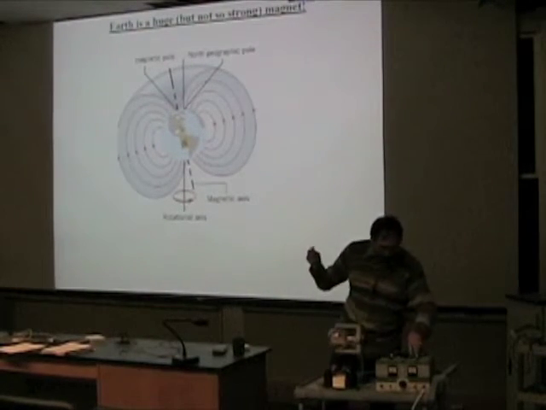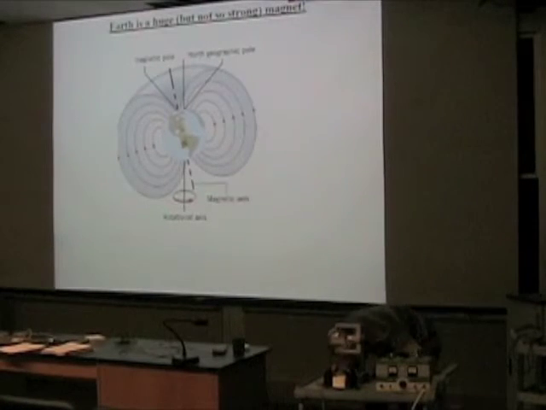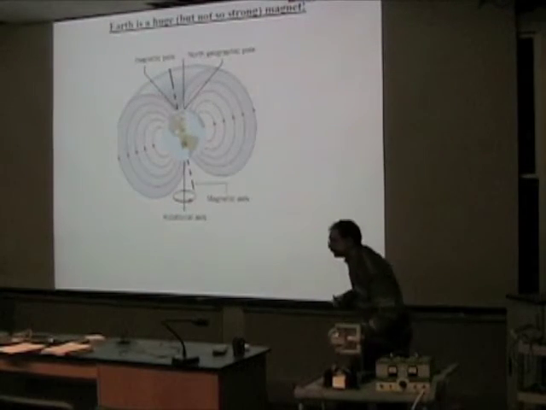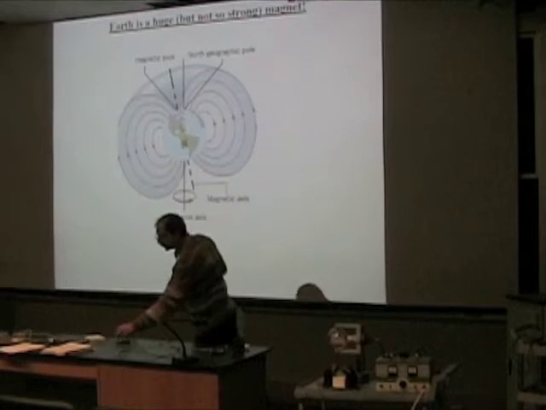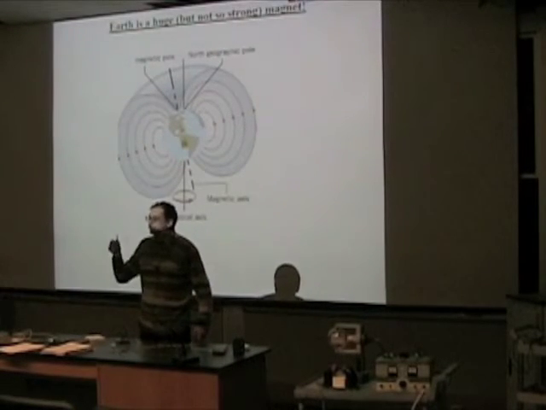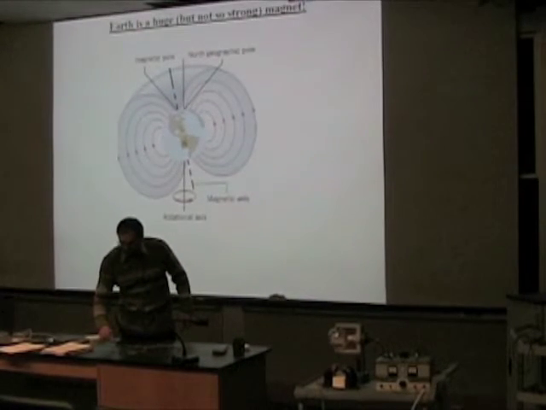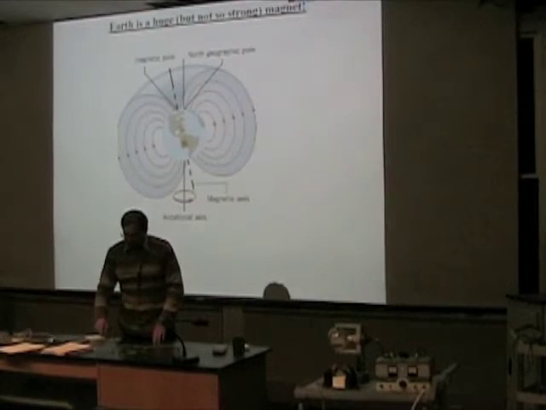Now, what we know about magnetic field and magnets. Any magnet always has two poles. So this is the magnet.